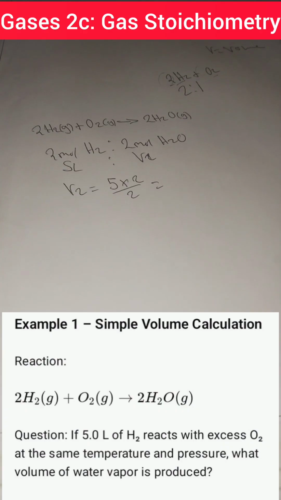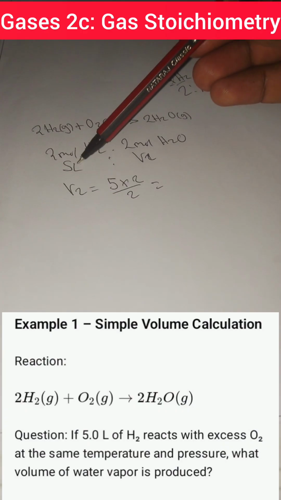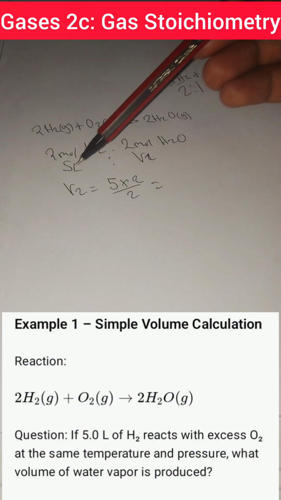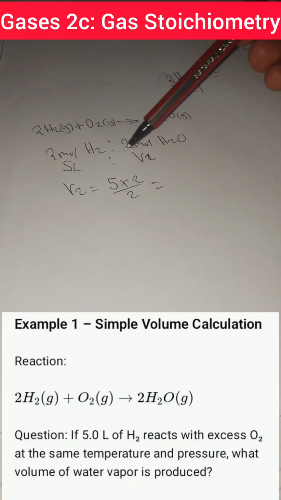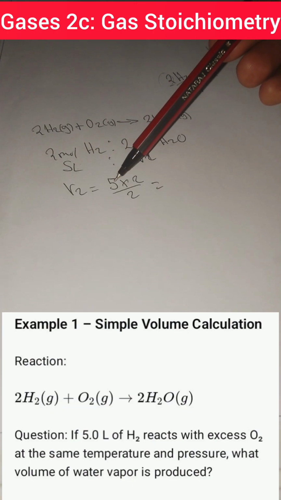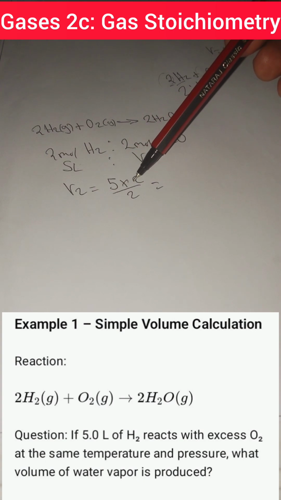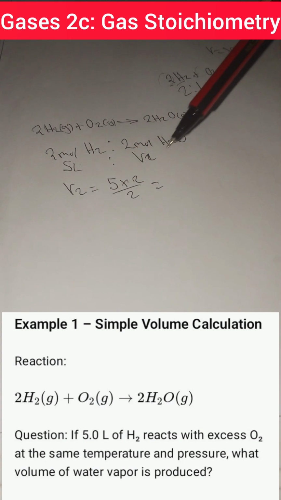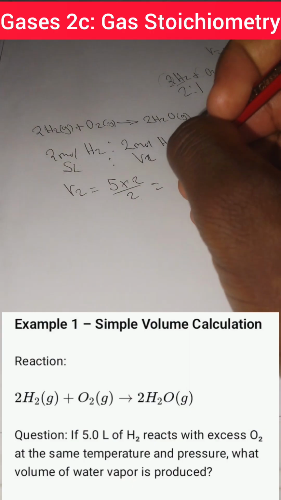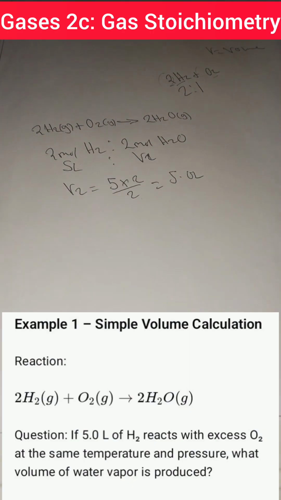So 5 liters times 2 moles equals 10 liter-moles over 2 moles. We remain with liters in terms of units. So we have 5.0 liters. That's the volume of water that we are going to have.